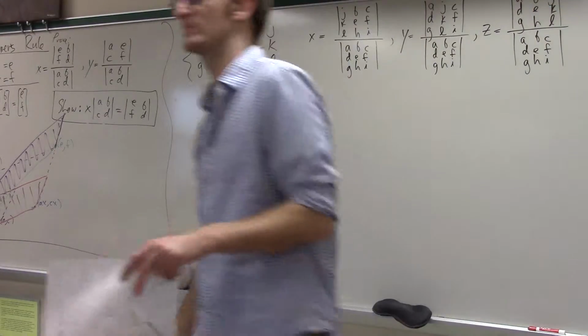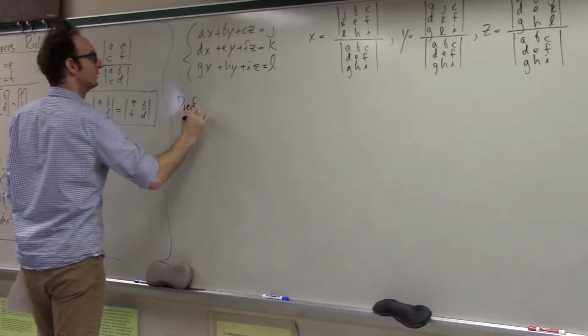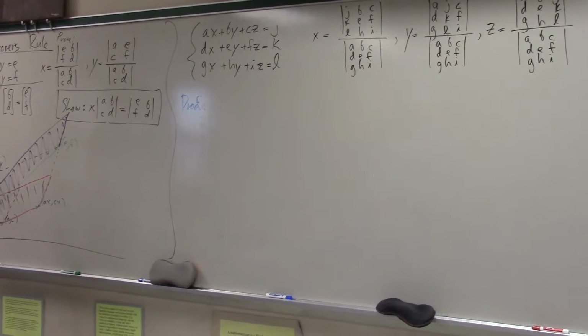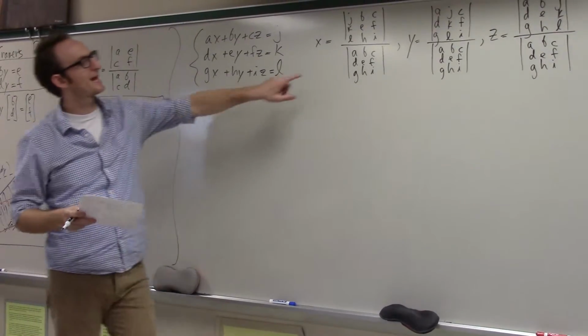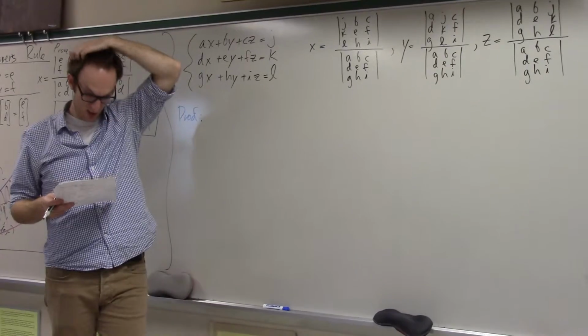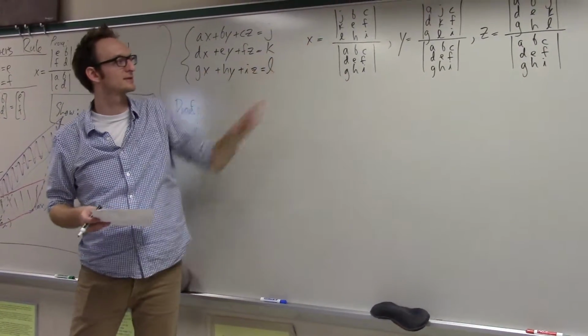Okay, so here comes the proof. Well, again, I'm just going to prove the x case. I'm going to interpret it as saying that if I take a determinant and multiply it by x, I get that determinant. Actually, I'm going to start with the right-hand side and show that it's x times this.